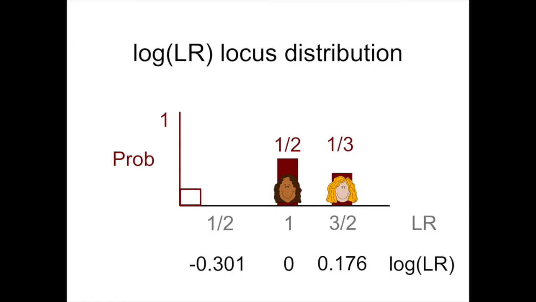We have probabilities of what these different types would be, but we don't care about the types anymore. They've been reduced to numbers: the chance of a likelihood ratio of 1 or of 3/2. We're going to take logarithms for reasons that'll be clear in a second. On this scale, we have numbers like 0 and 0.176. On a log scale, this is the log LR locus distribution. So a computer can calculate this pretty instantly if it has the prior and posterior for a locus.